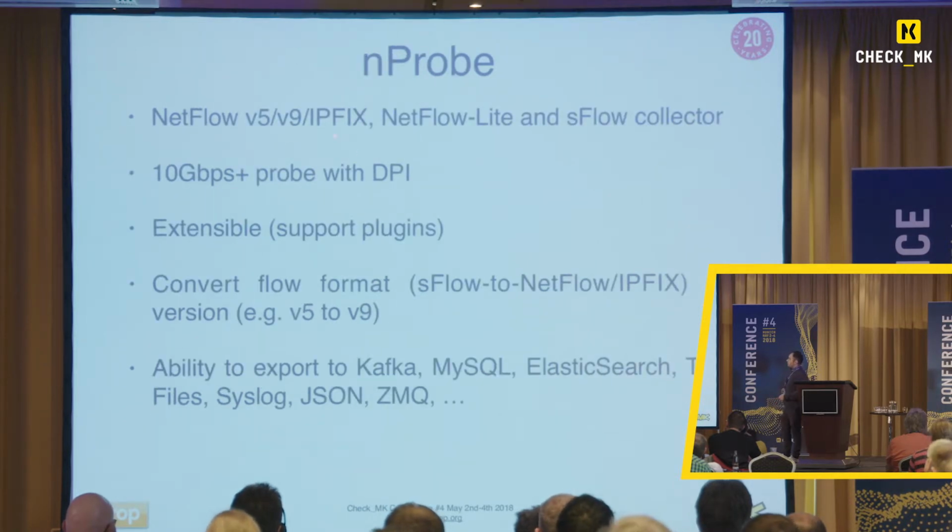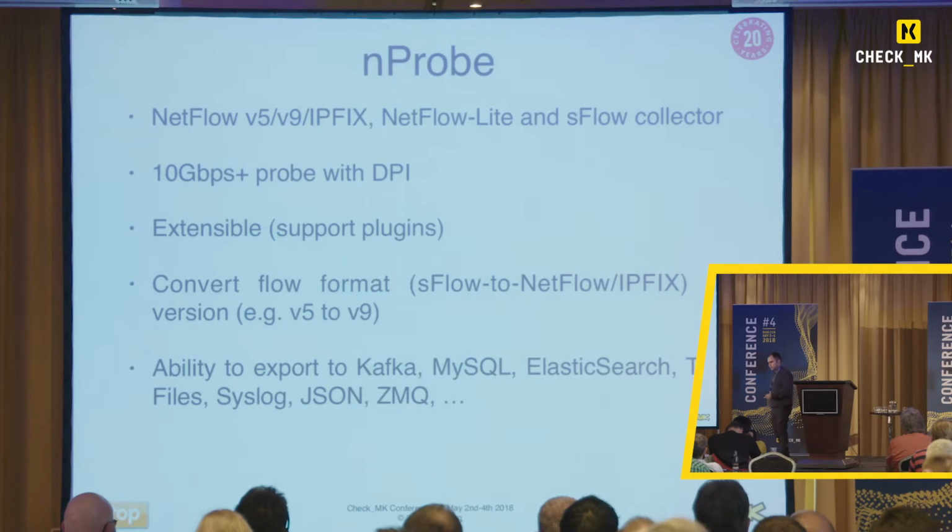nprobe is a collector that speaks a lot of NetFlow versions, including v5, v9, IPv6. It can also work in probe mode, and currently it can go above 10 gigabit per second in terms of packet capture speed.